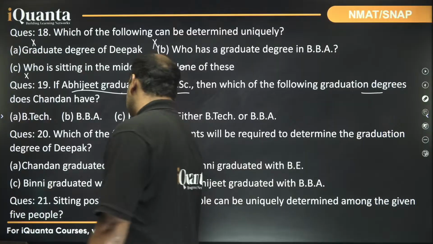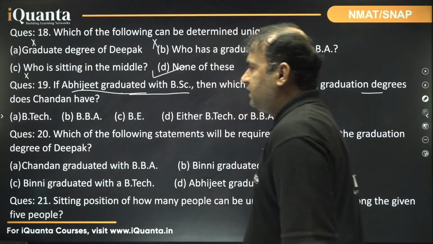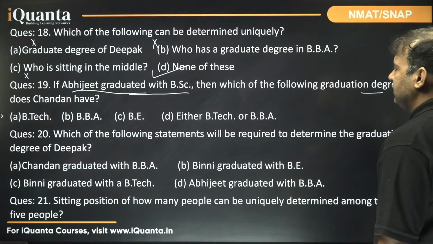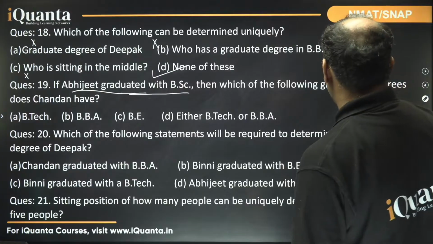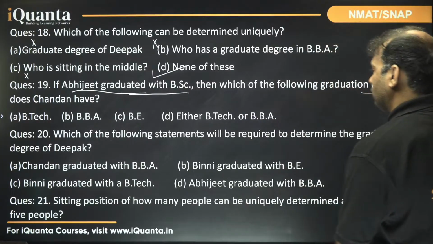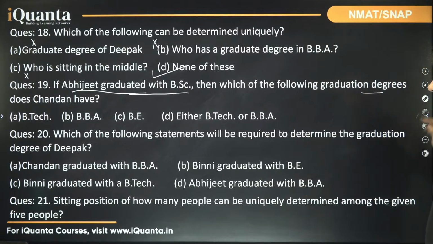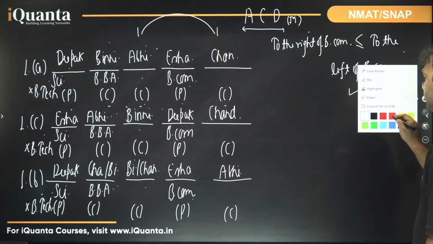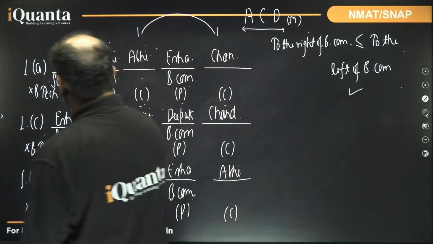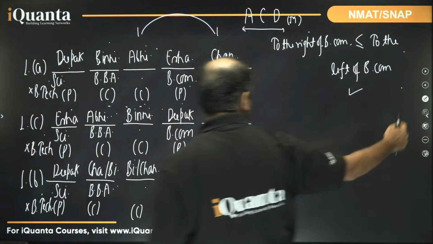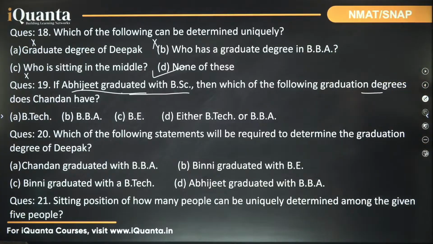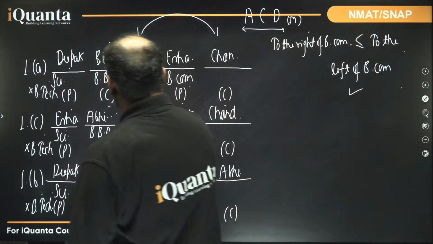All right, let's look at question 19 again. Abhijit is in BSc, then which of the following graduate degrees does Chandan have? Abhijit is BSc for sure. So guys, this is only for this question, so that's why I'm writing this in some other color, so that I can erase it later.